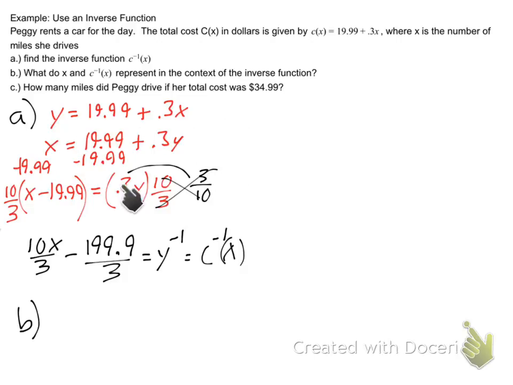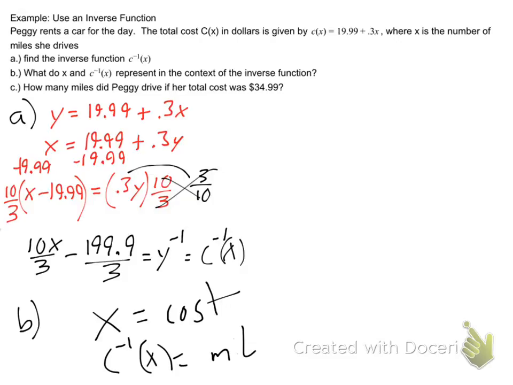Remember, they switched places. So now x is the cost, and C inverse of x is the miles. So now the input is the cost. The output would tell me exactly how many miles she will drive. So if I want to know how far she drives for $34.99, I can use my inverse equation. And I'll let you guys plug it in because it's just evaluating the function.